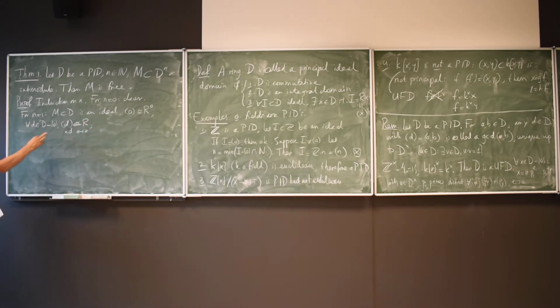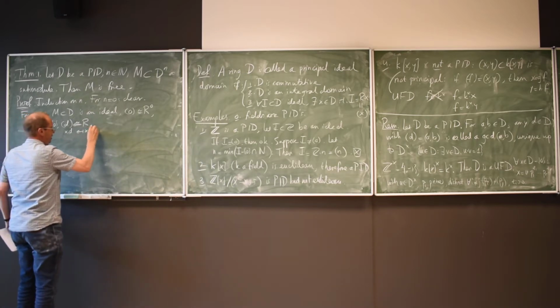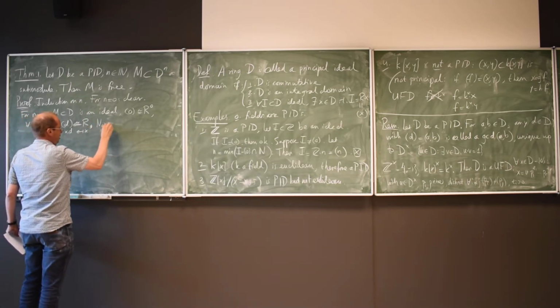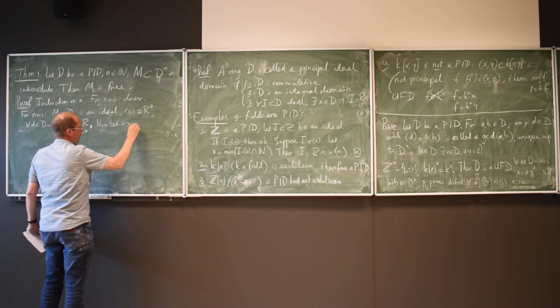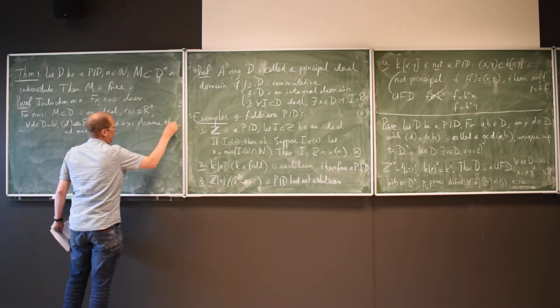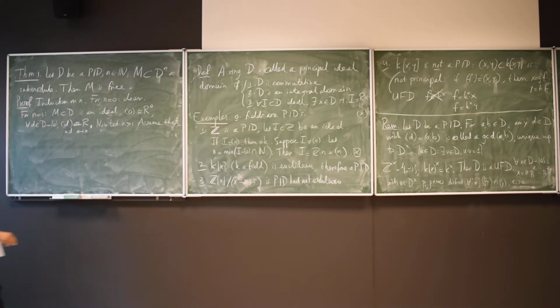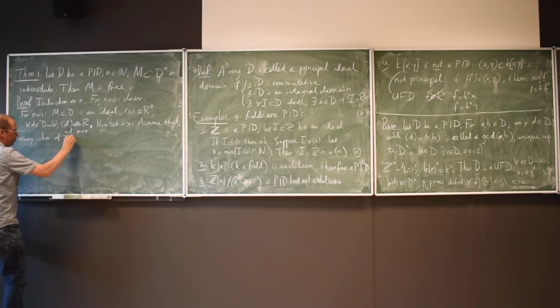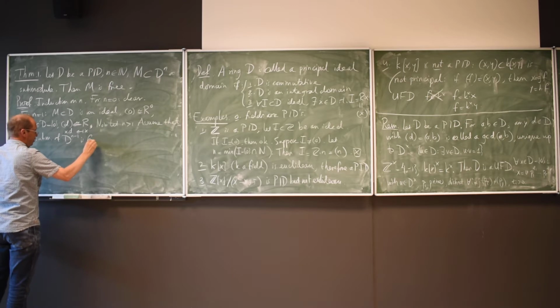And now we are going to use the induction hypothesis. So now let N be greater than 1 and assume that every submodule of D to the N minus 1 is free.